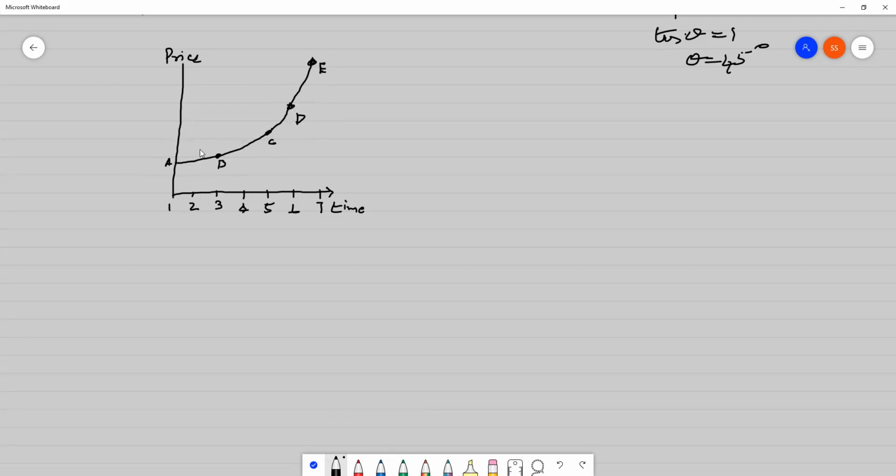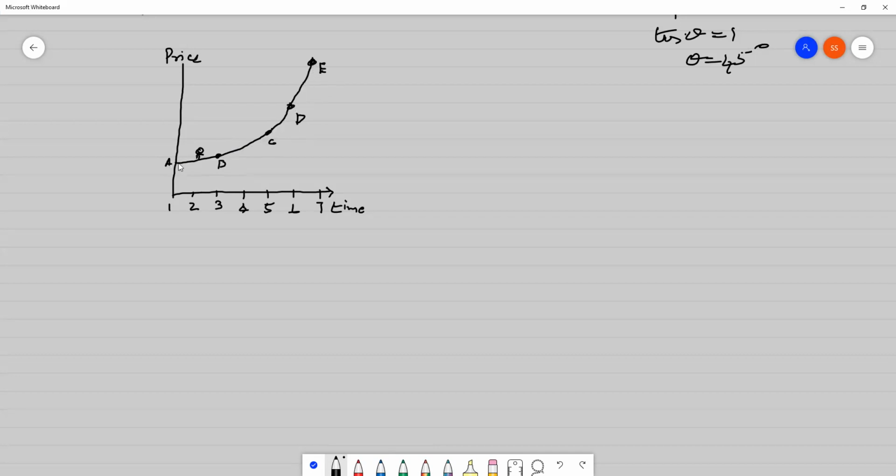So if someone is going to climb this mountain, this part is somewhat easier for him to climb. That means the slope of this part of the curve is less. Slightly, it becomes harder for him to climb here. From B to C, it is harder. From C to D, even harder. From D to E, it becomes very, very hard for him to climb. This part of the curve is very, very steep.